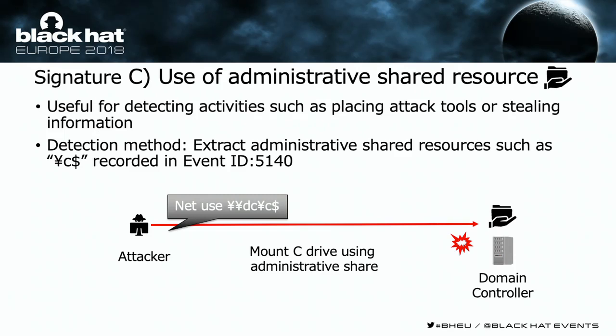Signature C monitors the use of administrative share resources. An administrative share is a special hidden network share resource, and attackers often use administrative shares in order to put attack tools or steal information.